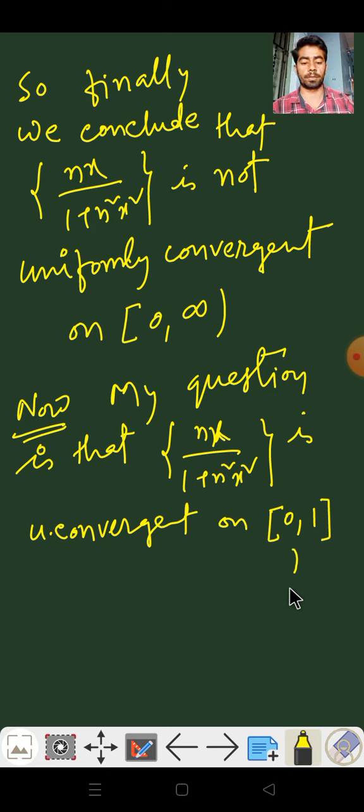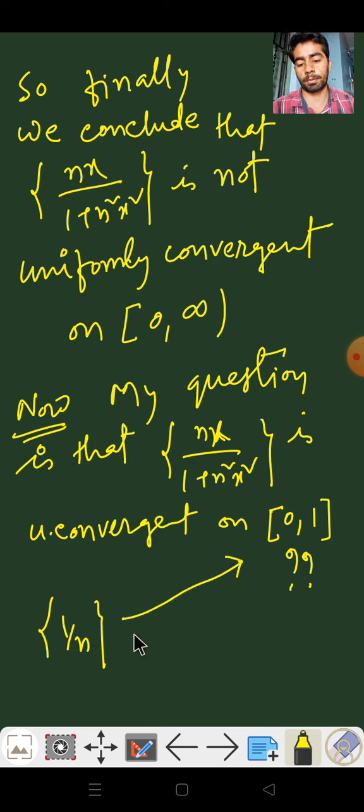For the same reason, we can show that the sequence 1 by n, which is creating the problem, is also allowed in this interval, because infinitely many terms of this sequence belong to the closed neighborhood of 0.